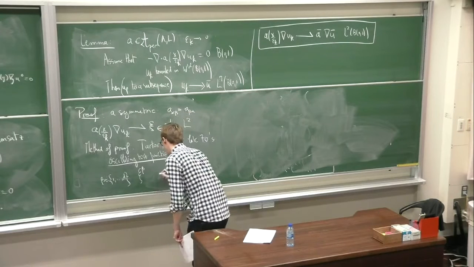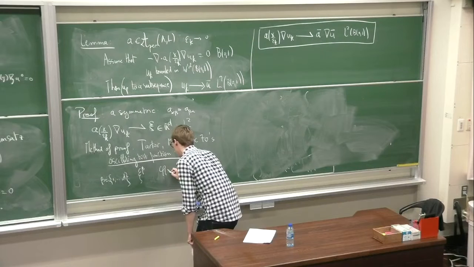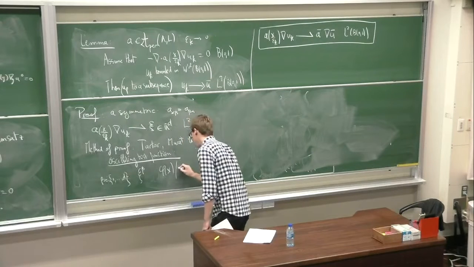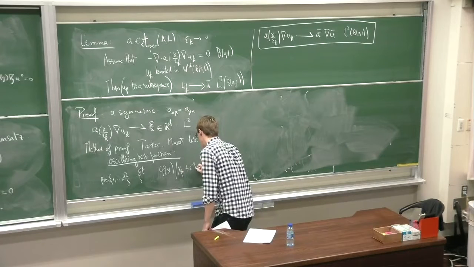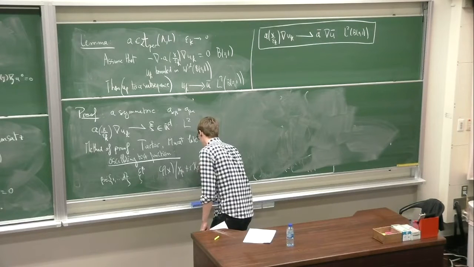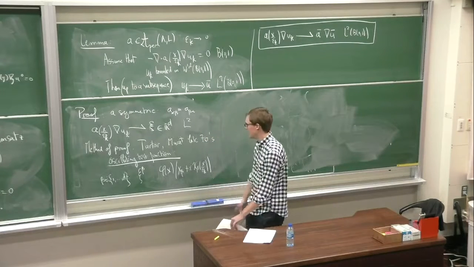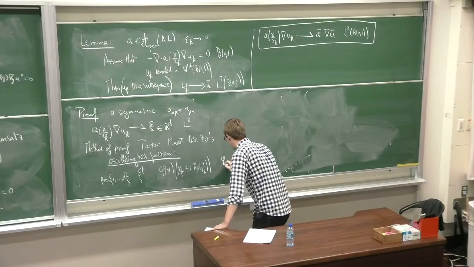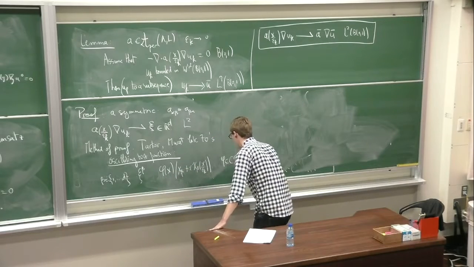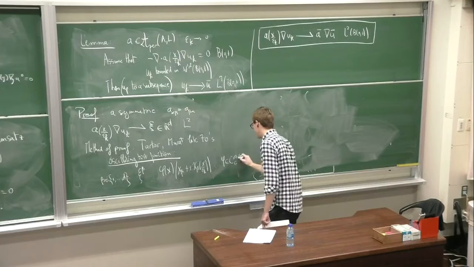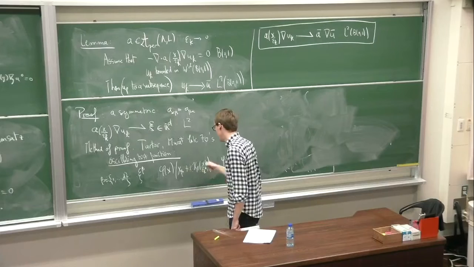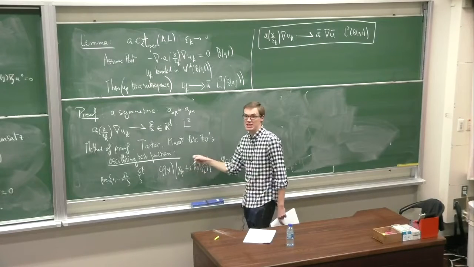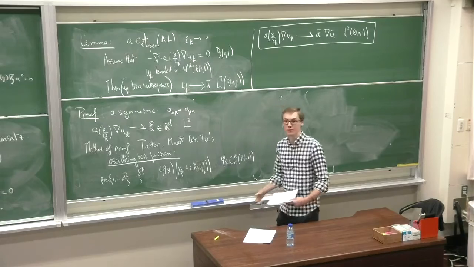And the test function I take is phi of x times x beta plus epsilon k chi beta of x over epsilon k. So I have a compactly supported C infinity function phi, compactly supported in B(0,1), times this function, which is an oscillating function and which is A linear.